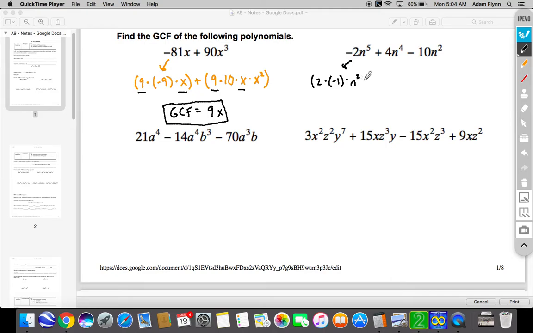So for the sake of the problem, I'll write this as n squared times n cubed plus 2 times 2 times n squared times n squared. And of course, that's the factorization of my 4n to the 4th, minus 2 times 5 times n squared.